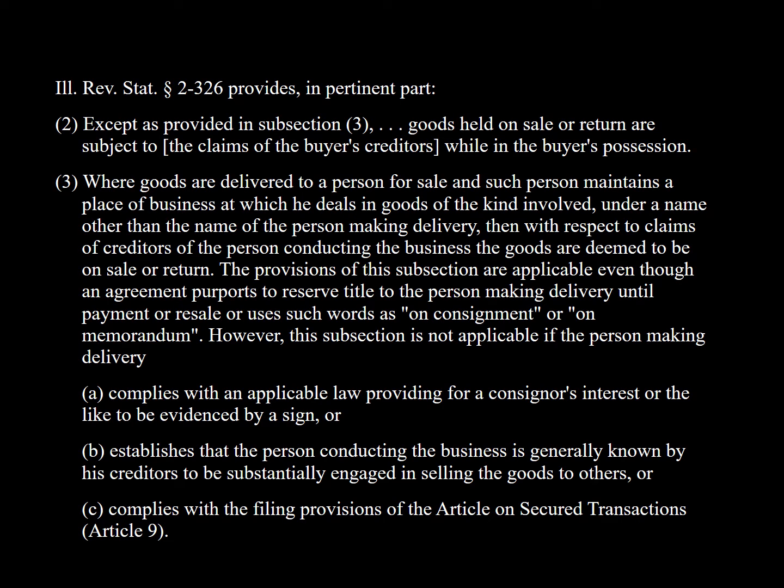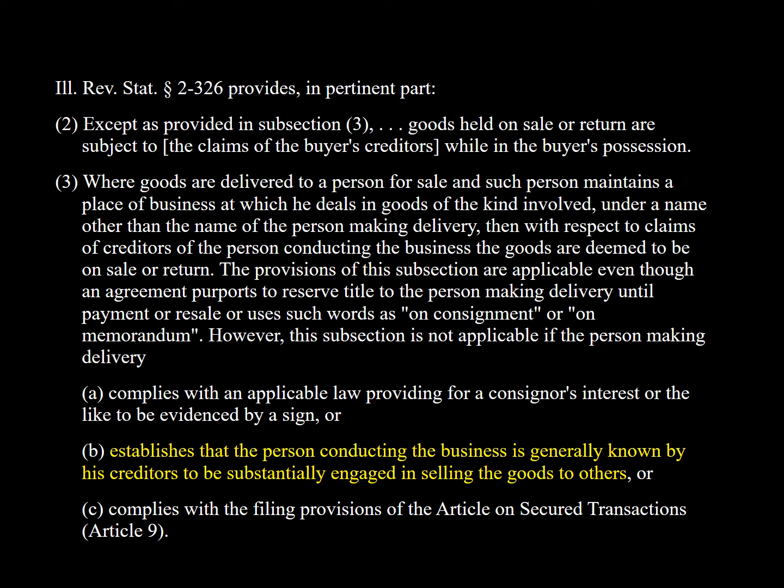Well, this is the applicable code section, and this is one of the exceptions to when a consignment agreement can be enforced or not enforced. Section 3B establishes when a consignment agreement can be enforced against third parties.